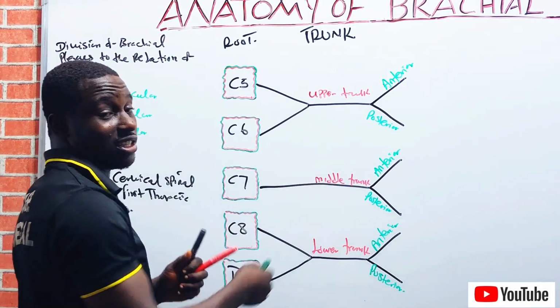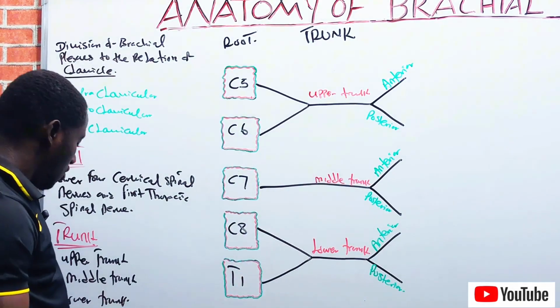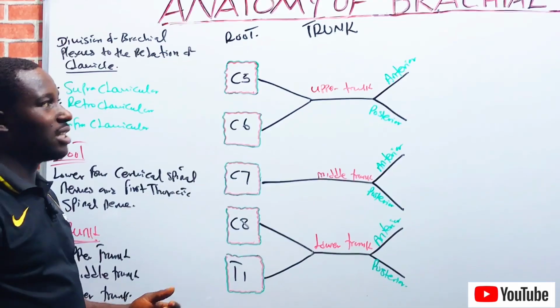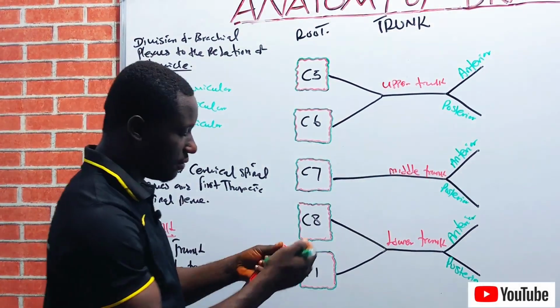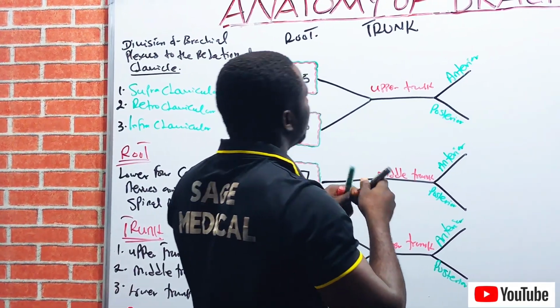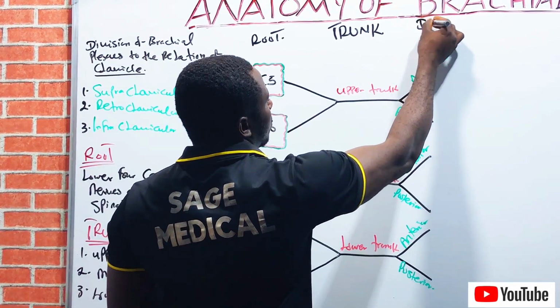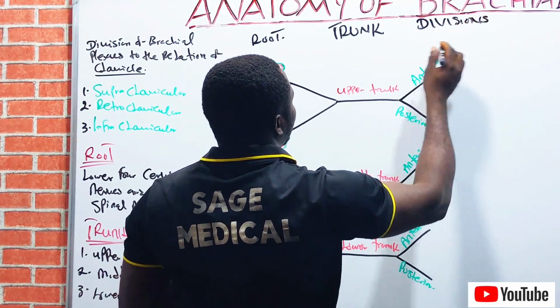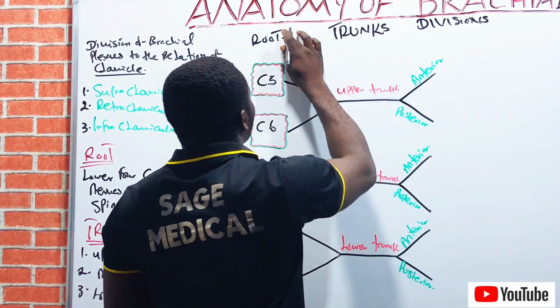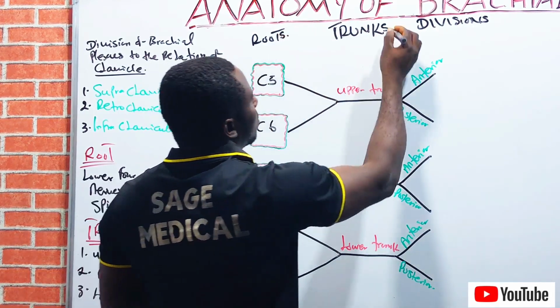So this is how it is done, because all the trunks respectively have anterior and posterior divisions. Okay, so here we have our divisions, trunks, roots.